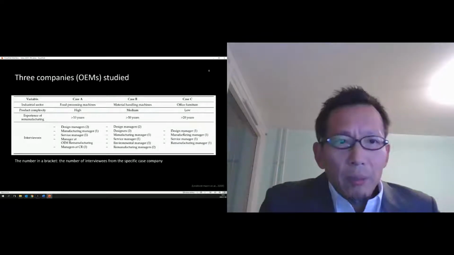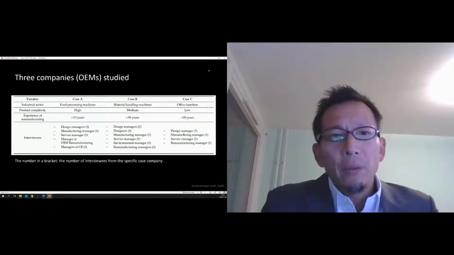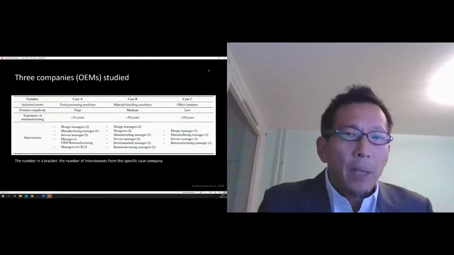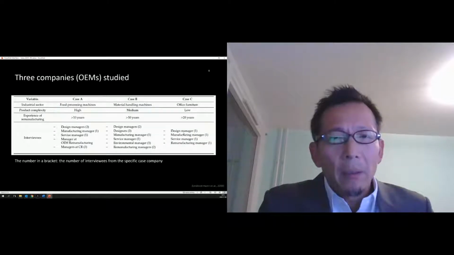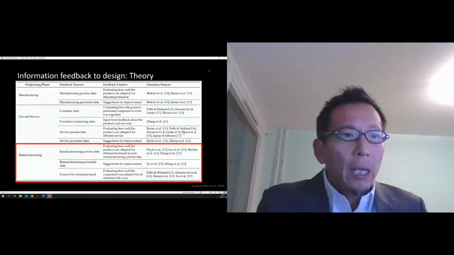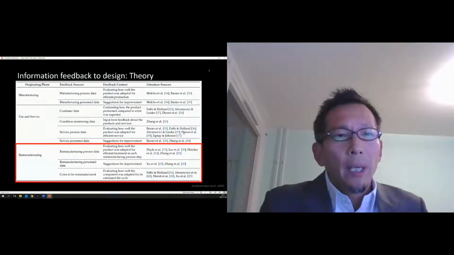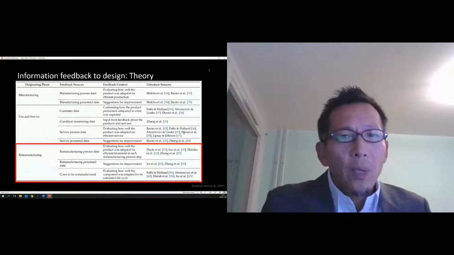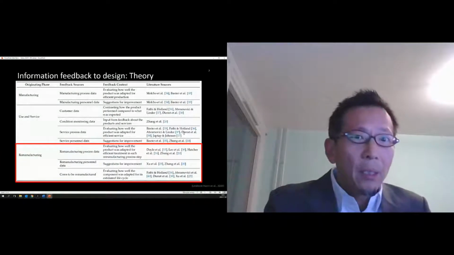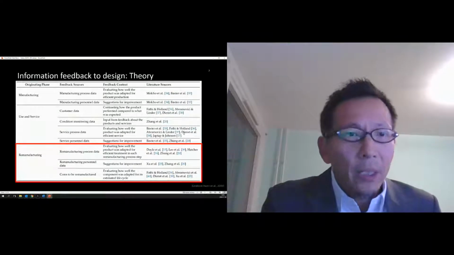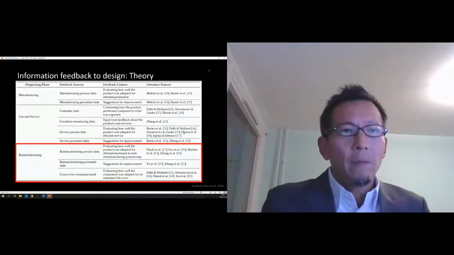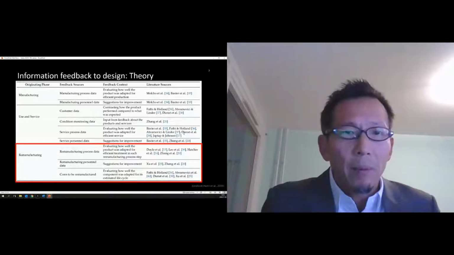This slide shows the results from literature review regarding the potential information feedback from Reman to design. You can see that at the bottom of this table, and in order to compare that with other information feedbacks, I mean from other phases such as manufacturing and use and services, I show that information together in this table.